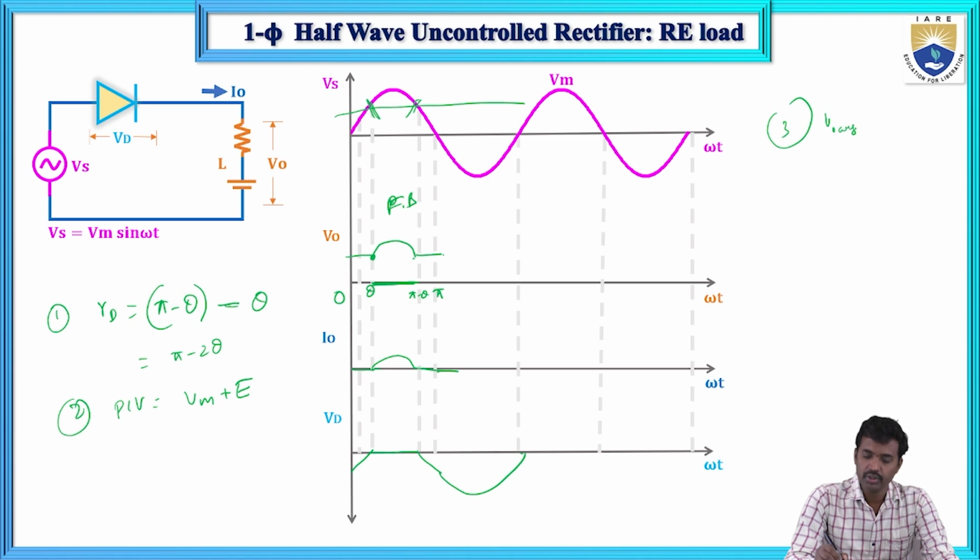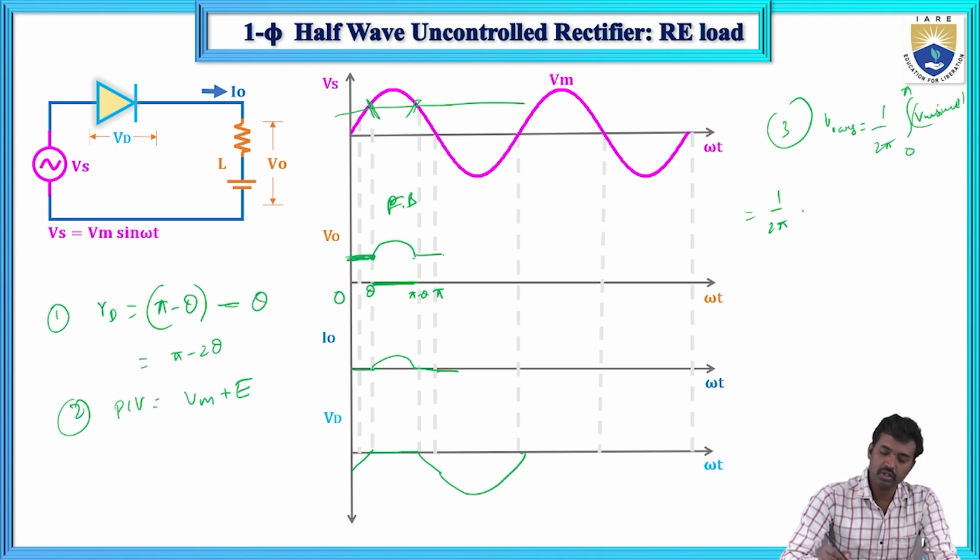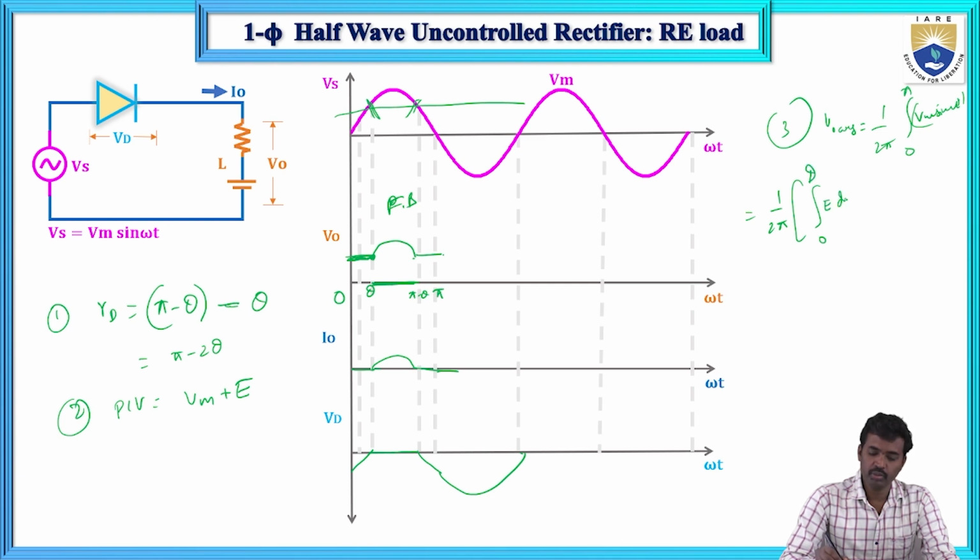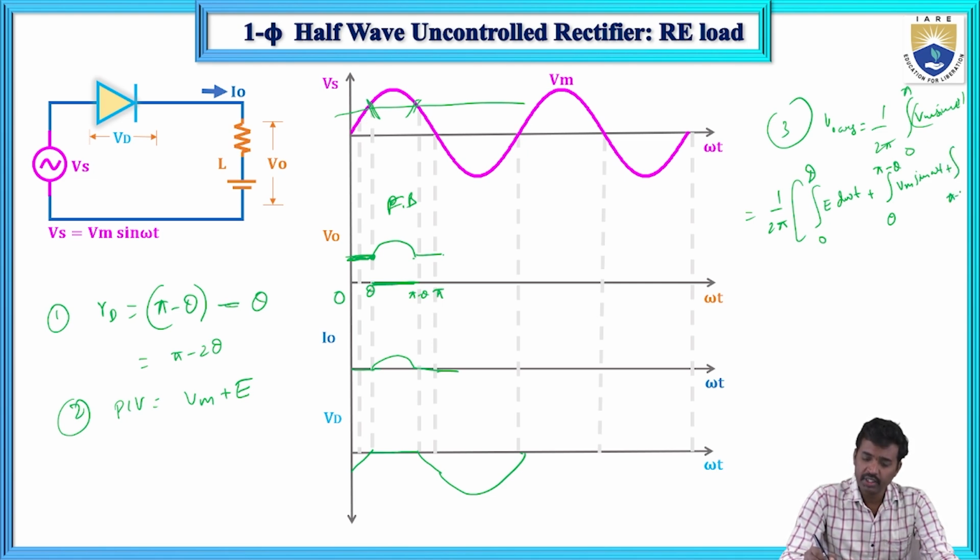V naught average value equals 1 by 2 pi times the integral of the output voltage: from 0 to theta the value is E d omega t, plus from theta to pi minus theta Vm sin omega t, where Vm sin omega t is the supply voltage, plus from pi minus theta up to 2 pi the value is E d omega t. So this is the average value.